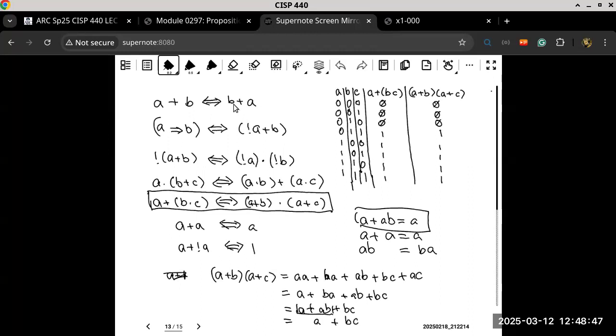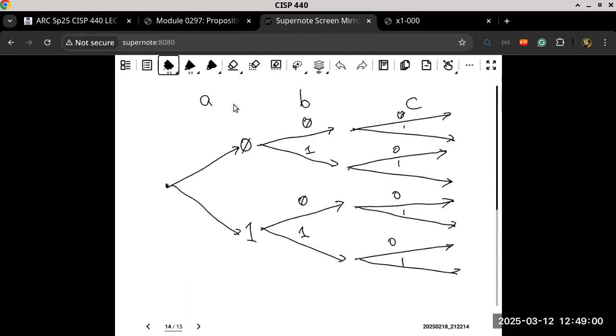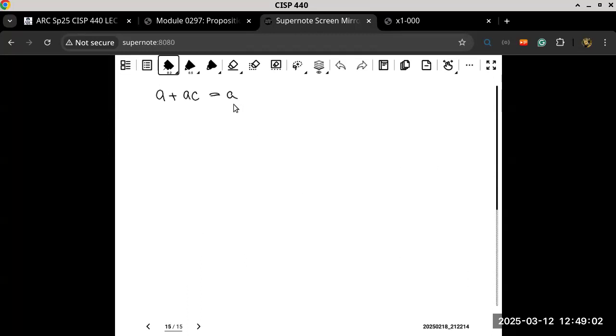Even the first one here, you would say it is intuitive, I know that already. Well, do you? Because the equivalency between A or B and B or A is not quote unquote natural. A or B, B or A can still be done using a truth table. If you don't do it using a truth table, then you may not be entirely correct.